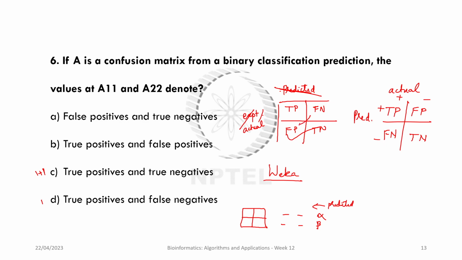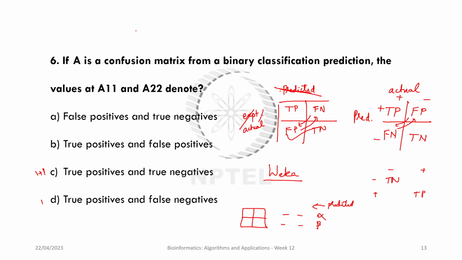So the only ones that are flipping are false positive and false negative here, right? Provided again you have positive and negative here. If you flip that, obviously you will have true negative, true positive back here, correct?